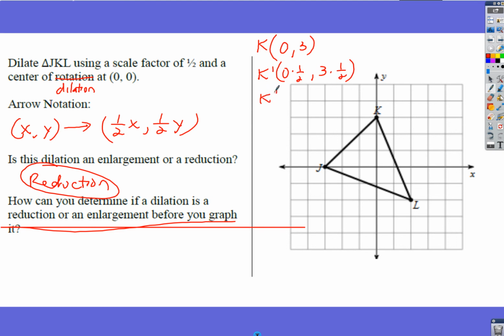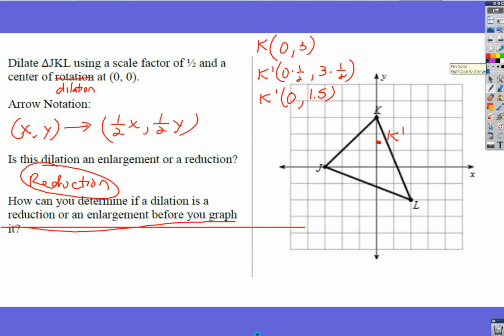So K prime, the new K is what? 0 times anything? 0. Comma. Yeah, it is gonna be 3/2. That's what I wrote, but that's probably gonna be hard for you to plot. So just use the decimal, I guess. You can always round this if you need to, but here you don't have to round. This is 1.5. So where's 0, 1.5? It's a box and a half above the origin. That's gonna be K prime.